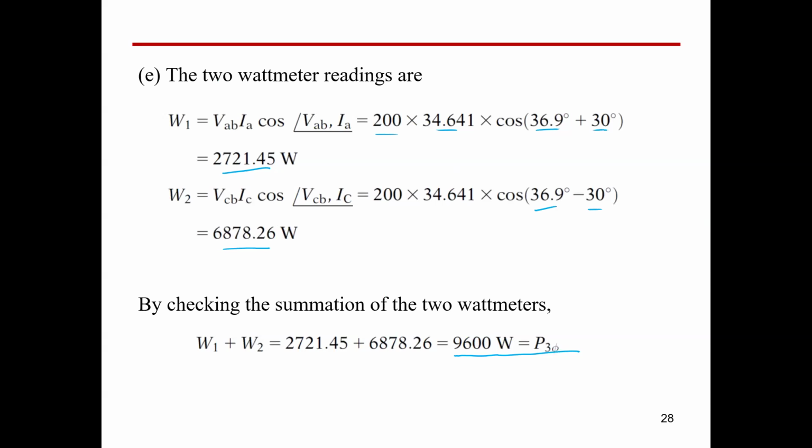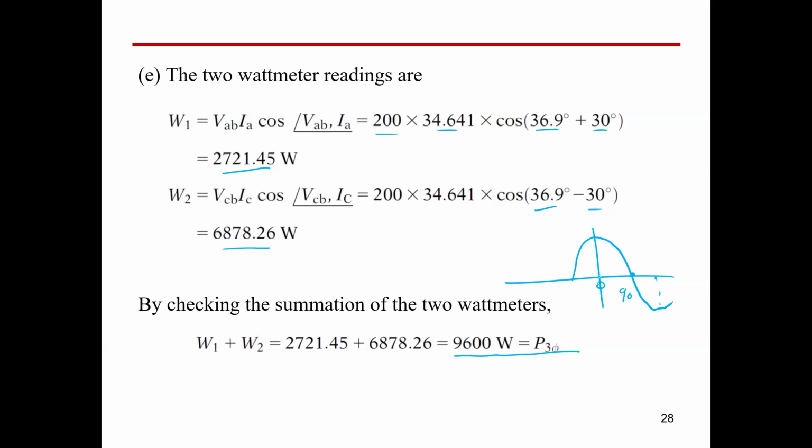By the way, here in this example, the values of cosine theta plus 30 and cosine theta minus 30 provide positive values. You know that if I draw the cosine waveform, this is the cosine waveform, guys. This is 0 degree, this is 90 degrees, this is 180, and so on.